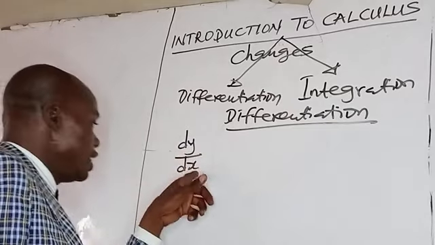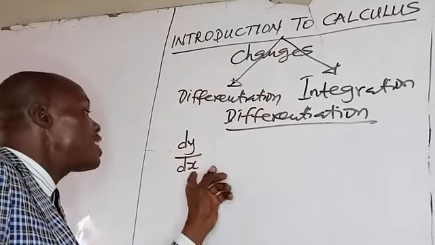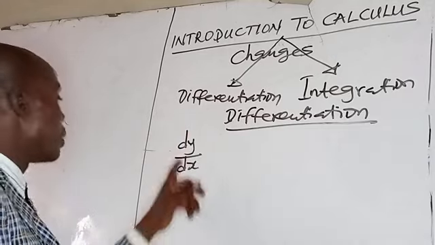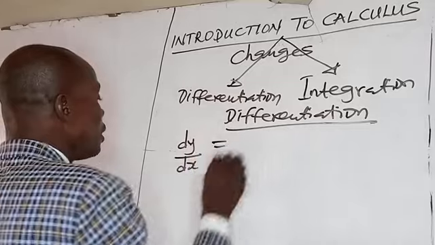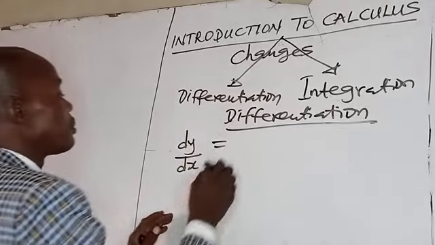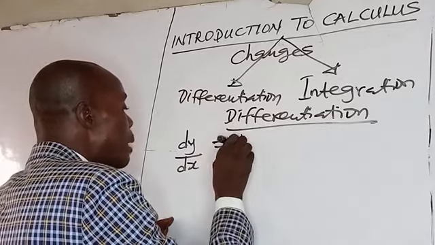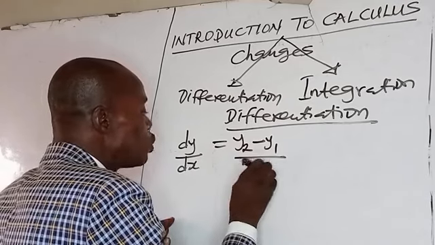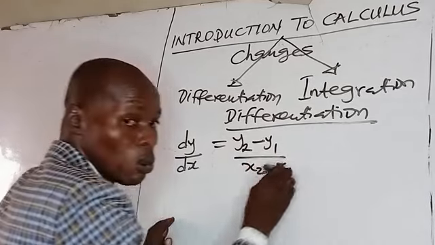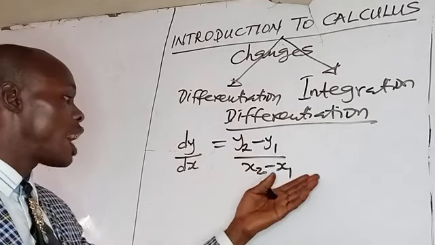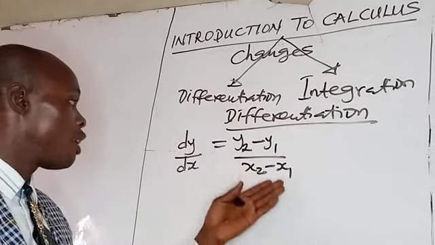That is why we can use differentiation to calculate gradient. The gradient of a line is y2 minus y1 over x2 minus x1. This is the gradient of a curve.